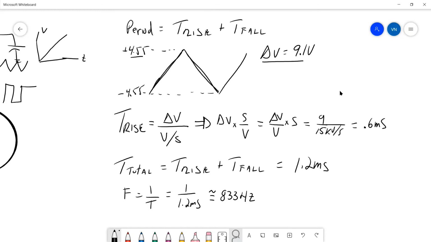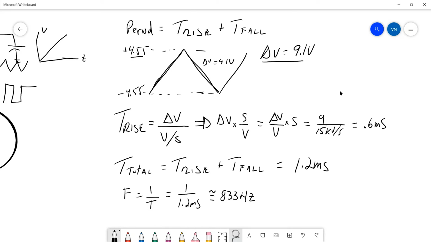So the change in voltage, basically the voltage between these 2 points, is 9.1 volts. So the output of the integrator has to rise 9.1 volts, and it does that at 15 kilovolts per second.